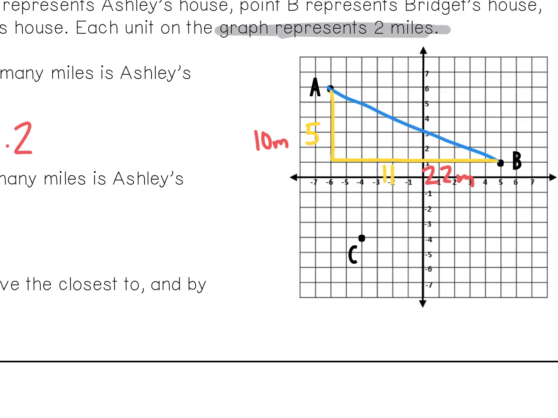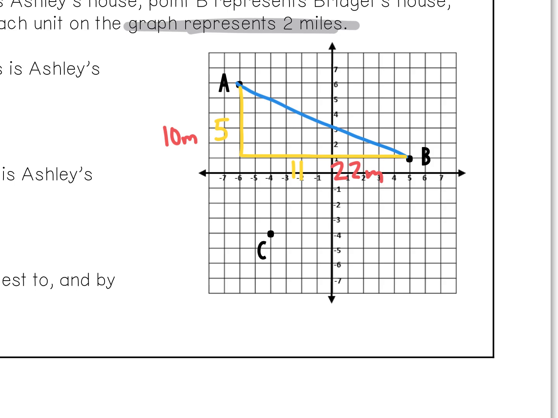Okay, the last piece, and then we'll be almost done. A to C. And we got to draw our triangle again. How tall is my triangle? 10? Think it's 10?